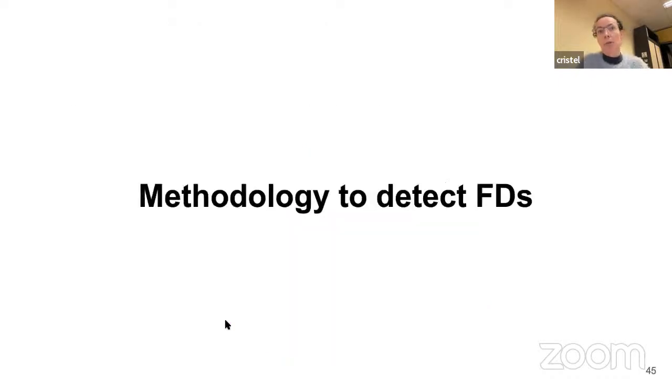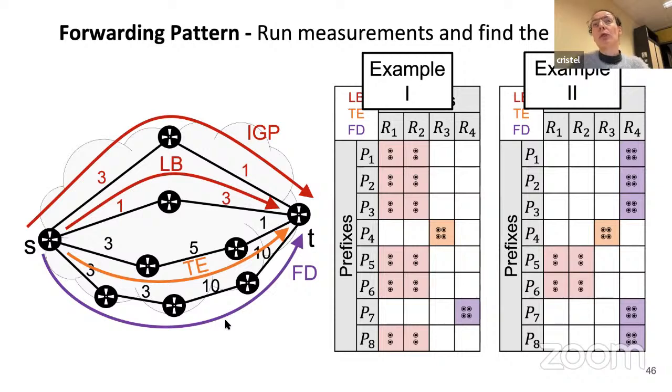So how do we detect them? First of all, we probe two types of destinations. We probe destinations that are outside the ISPs, as I show here, where all the prefixes are outside the ISP. And we also probe the IP addresses we discover for T, the exit node of the ISP. We have two examples here.